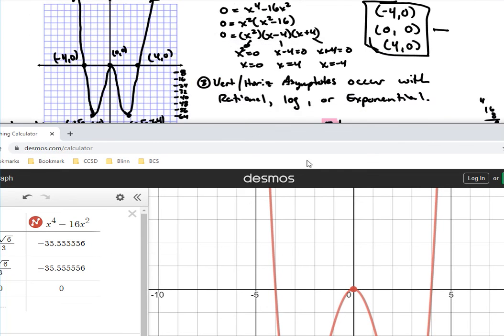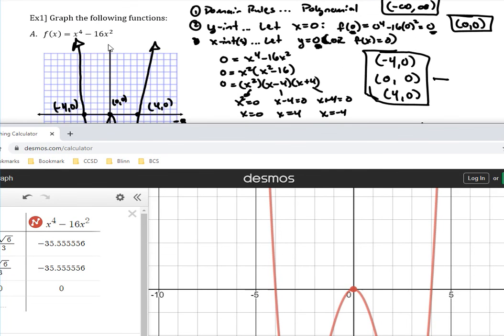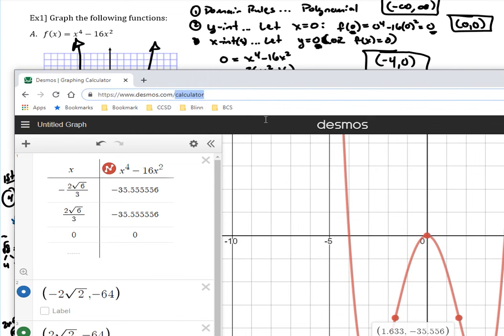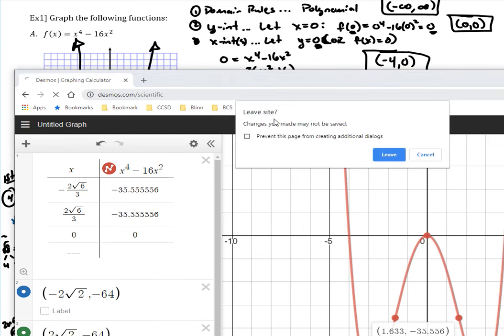And if I really needed to find exact values for those, here I have them as decimals. Well, I could plug them all into my equation here to make sure I've got it. So one last thing, I'm going to do the scientific one.